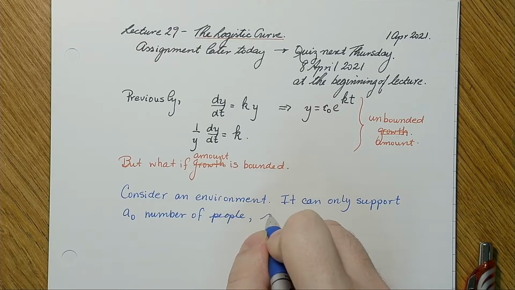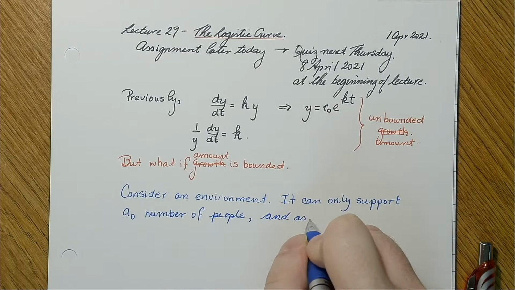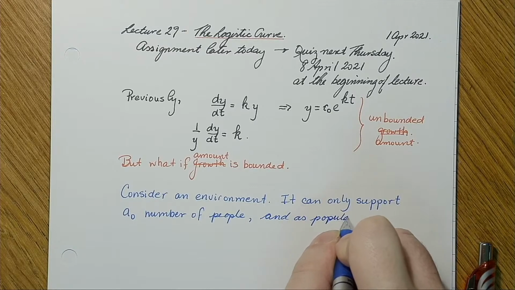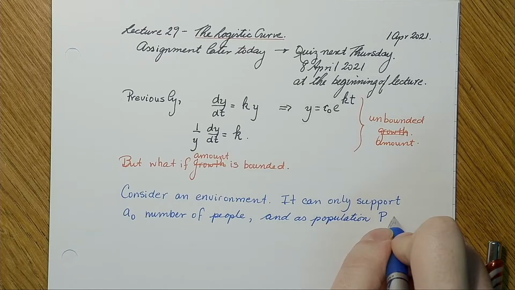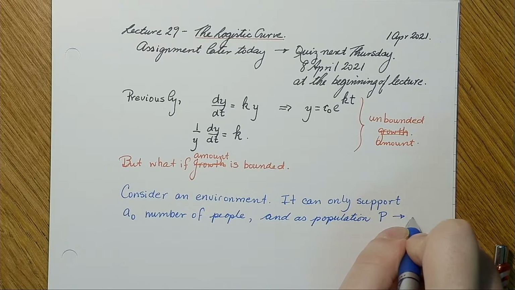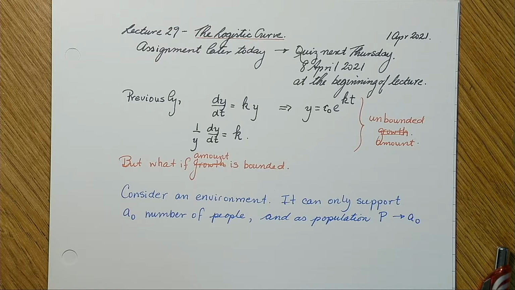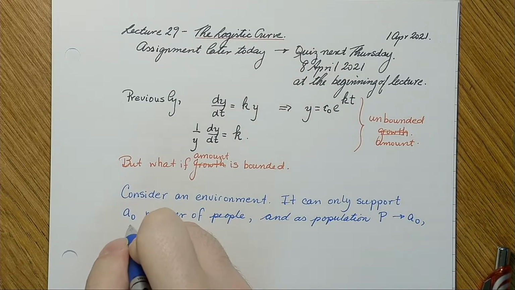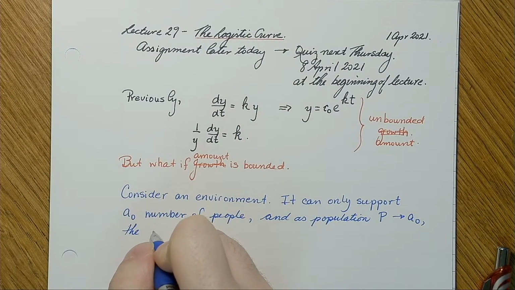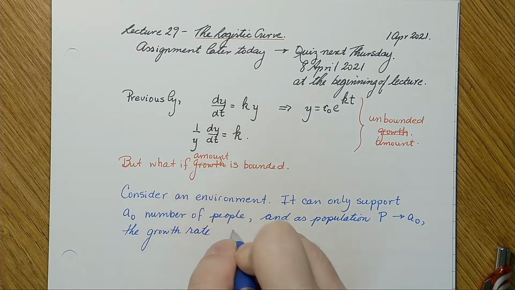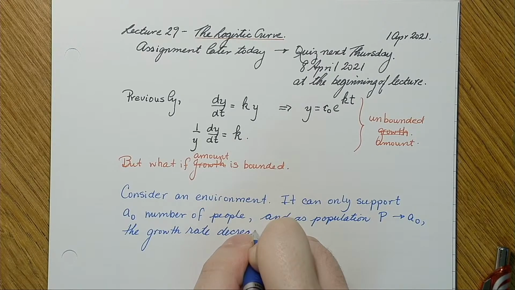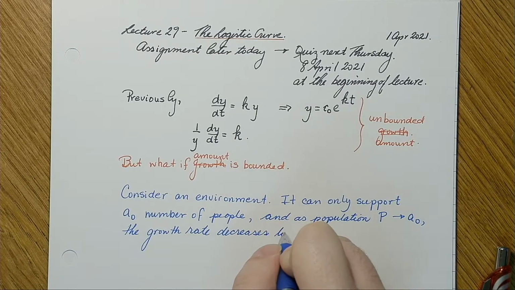And so what we'll say is that as the population P starts to approach that limit A0, the growth rate starts to slow down. So the growth rate actually decreases to 0.